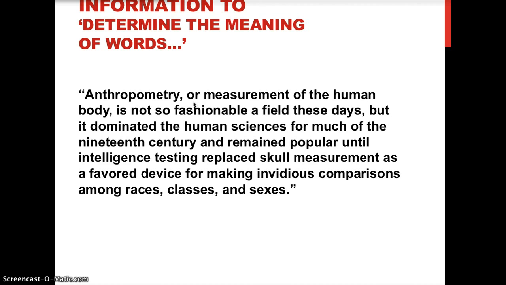Here's just an example of how a word which would be really unfamiliar to most is simply explained and defined in the following sentence. The writer did a good job with this. He met this standard to the T. He has "anthropometry" here, and he defines it right after.